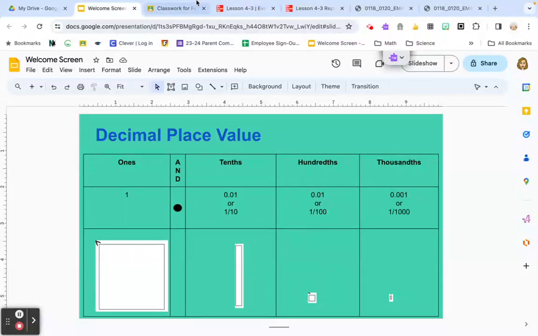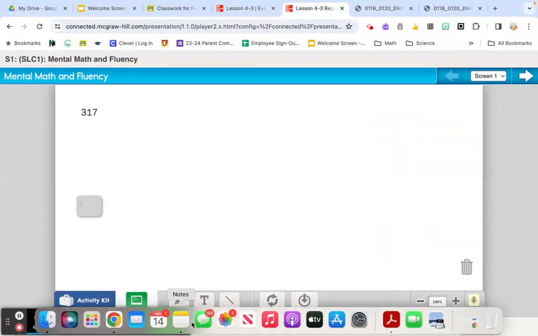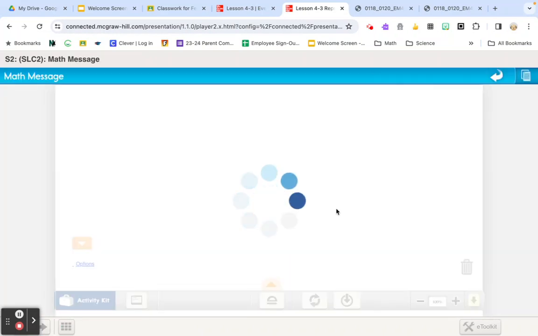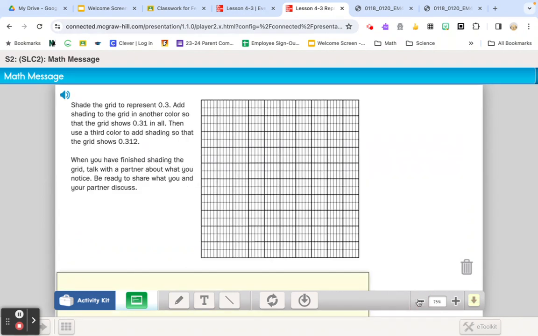So go ahead and look at the math message on page 118. Let me get through it. It says to shade the grid to represent 3/10, add shading to the grid in another color so the grid shows 31/100ths in all, then use a third color to add shading so the grid shows 312/1000ths.